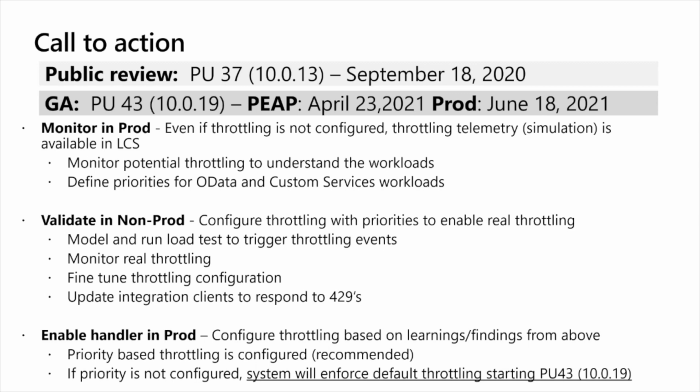Start taking action today in the versions you are on, so that you can test and validate in your sandbox environment. As your team is ready to pick up the 10.0.19 update, you're then ready to handle 429s by default in your production environment. So that's the call to action.